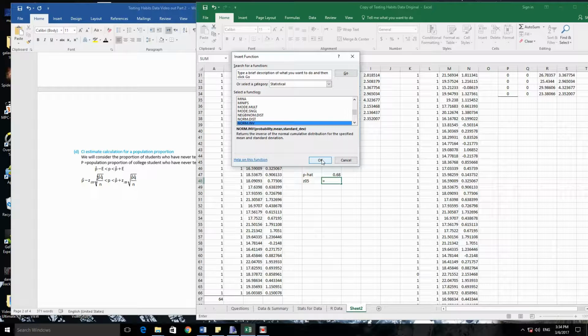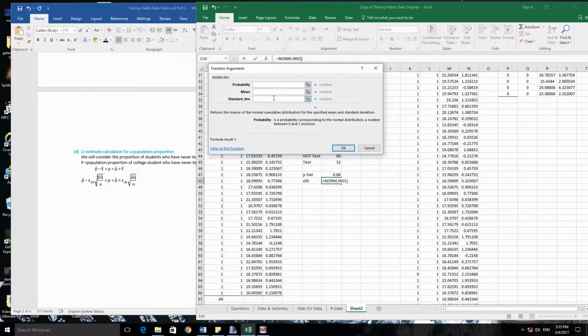So the syntax is the probability. Since it's Z05, I have a probability of 0.05 in a tail, so 0.05 is the probability. This is the standard normal, so the mean is 0 and the standard deviation is 1.